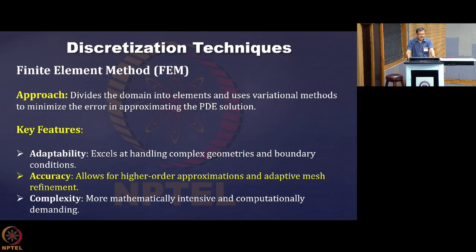And there are a number of commercial softwares which are using the FEM method for doing studies of, say, thermal management or stress calculations and all these things. So these are very standard techniques. So I have now told you that we can use the finite difference method, finite volume method, or finite element method for solving the fluid dynamic equations.